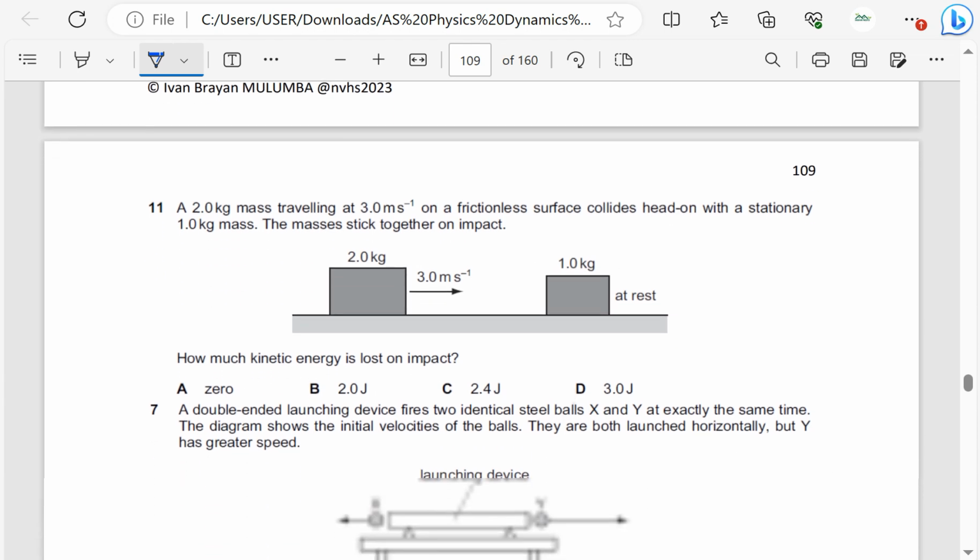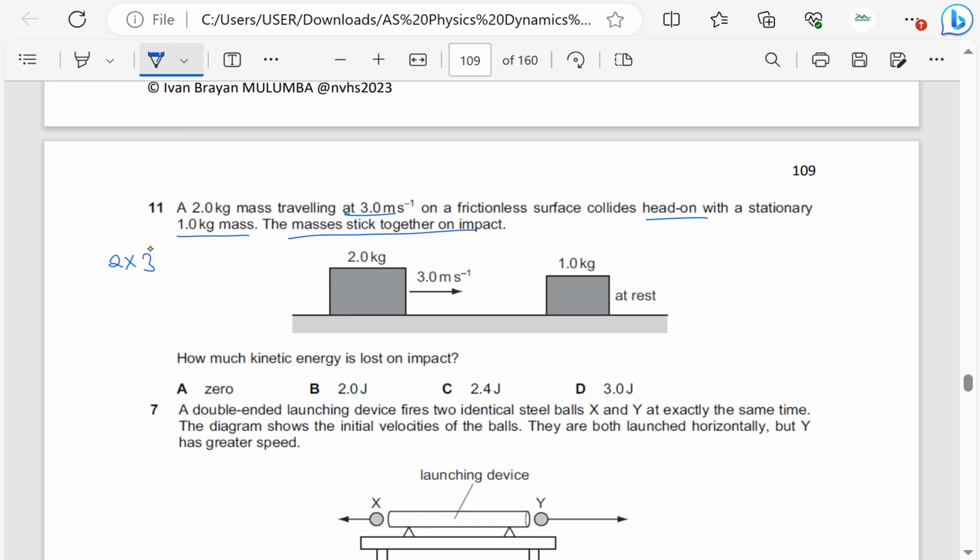A 2 kg mass traveling at 3 meters per second on a frictionless surface collides head-on with a stationary 1 kg mass. The masses stick together, so that means they move with a common velocity. Let's begin by conservation of momentum before we find how much kinetic energy is lost on impact. By conservation of momentum, total momentum before collision is going to be mass times velocity, 2 times 3.